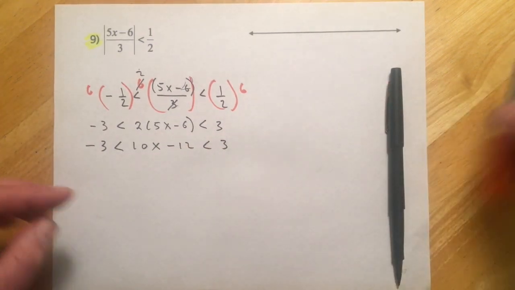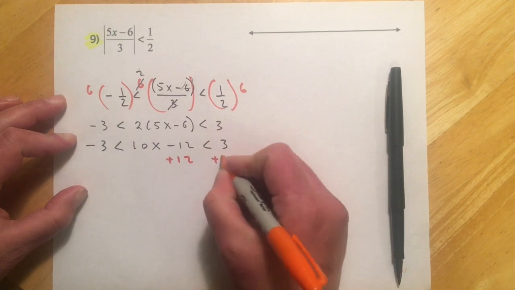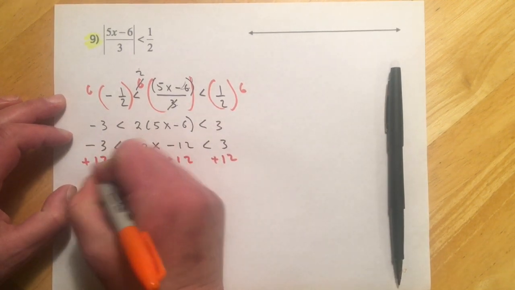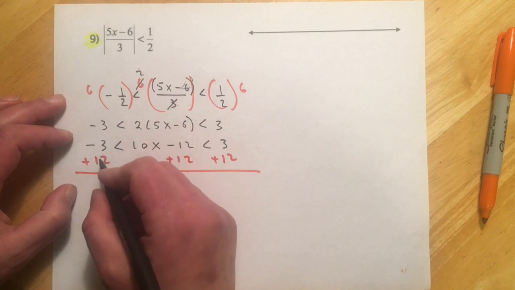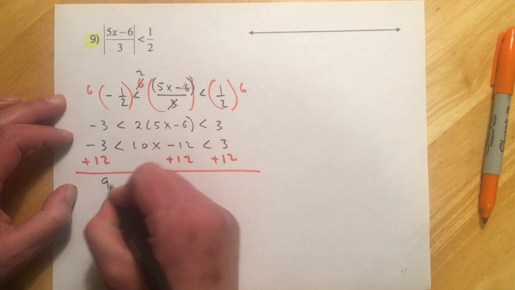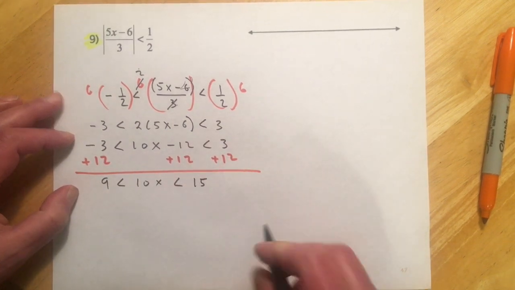And I can add that 12. So down 12, or up 12, down 3, so that'd be 9 is less than 10x is less than 15.